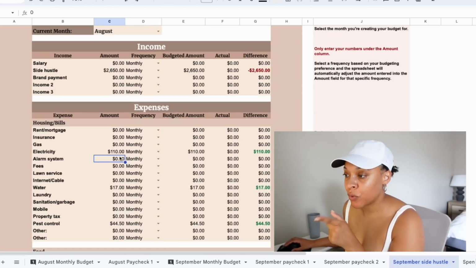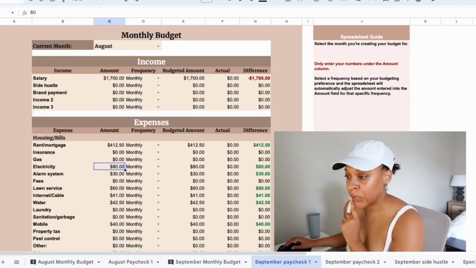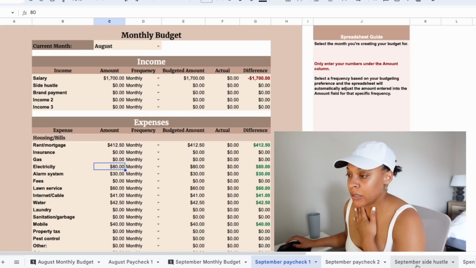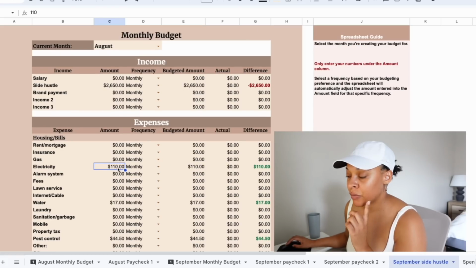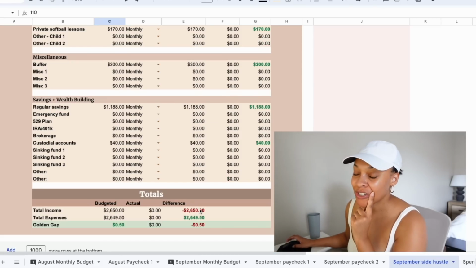I actually need to pull $110 because I budgeted for $270, but each paycheck is only pulling $80, so $160 from each one. So that is what I was missing, and I'm still off by 50 cents. But honestly, I've been looking at this for so long, I'm not going to continue to search and dig for 50 cents. I'll probably do that later.